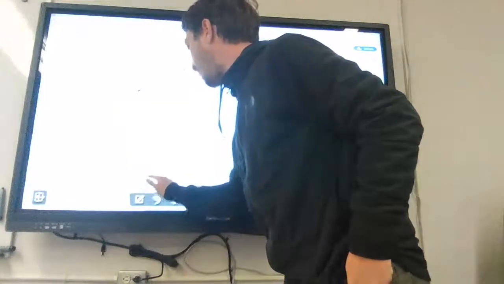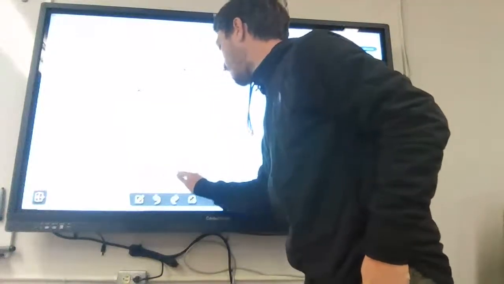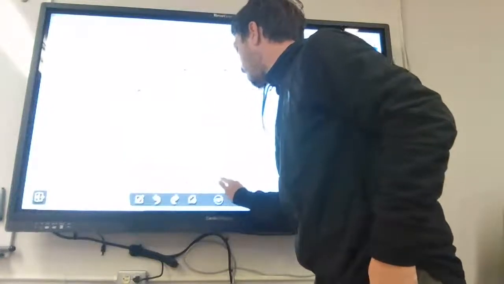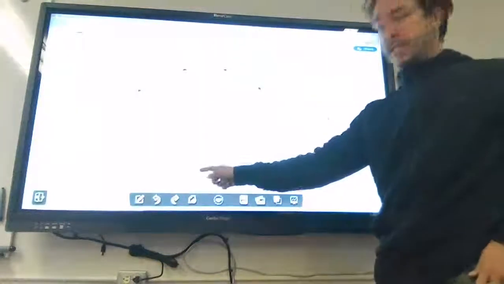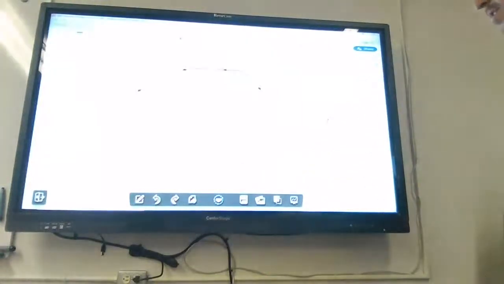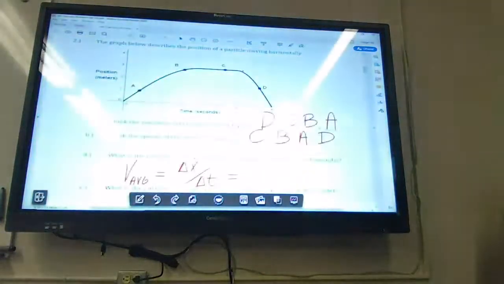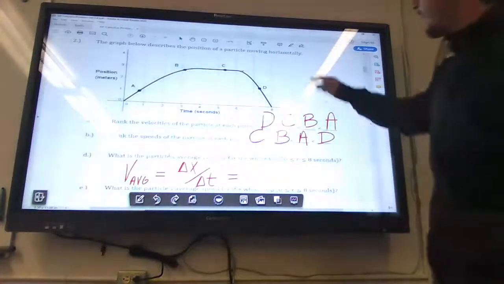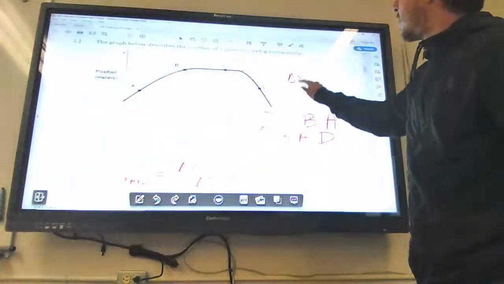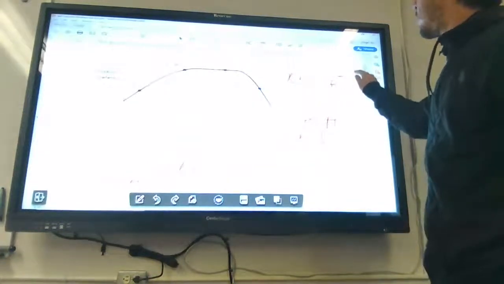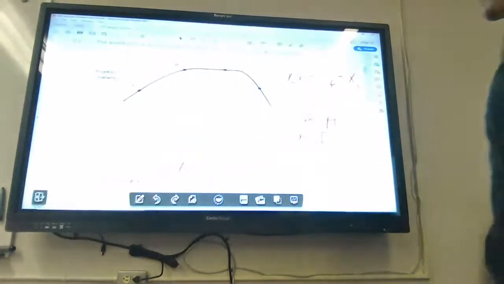The definition of average velocity would be how much displacement do you have over how much time took place. Now, these little symbols, that's a delta. So displacement, if you want a definition for displacement, is just the difference between your final position and your initial position.